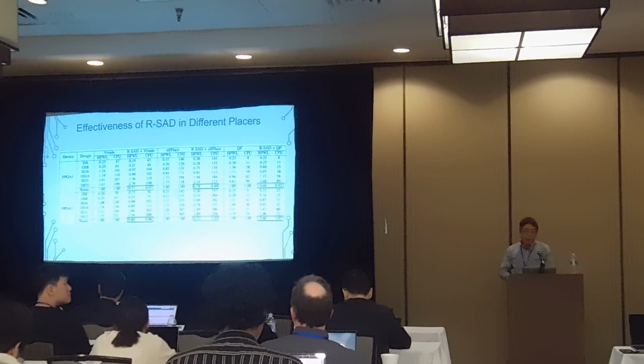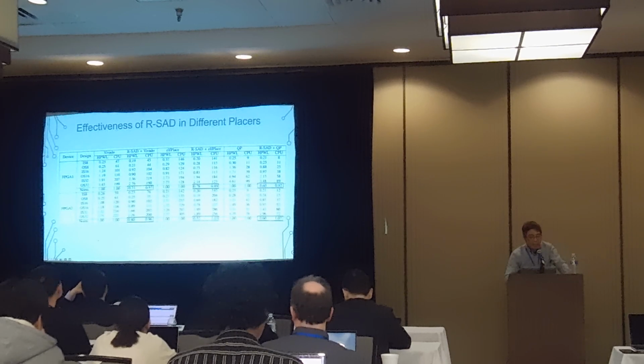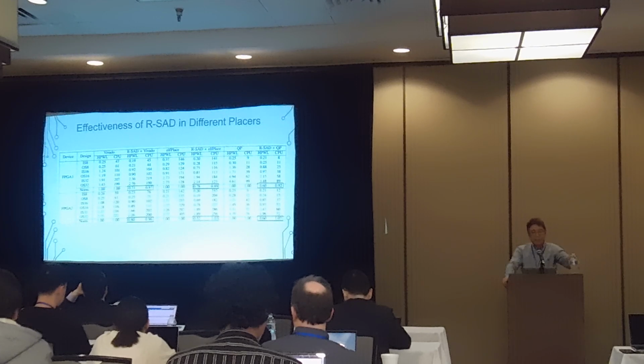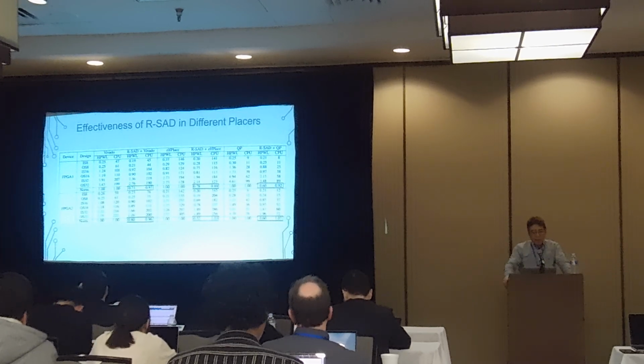Okay. And this is the overall circuit comparison. In the first section we evaluated on different FPGA architectures. We compared with Vivado. The first column is the Vivado result, and the second is our method plus Vivado, because we only do the macro; the rest is still done by Vivado.